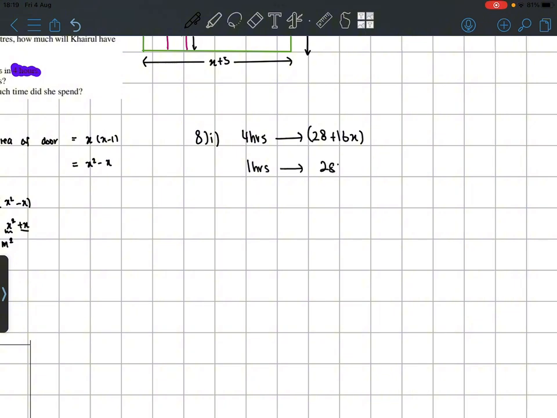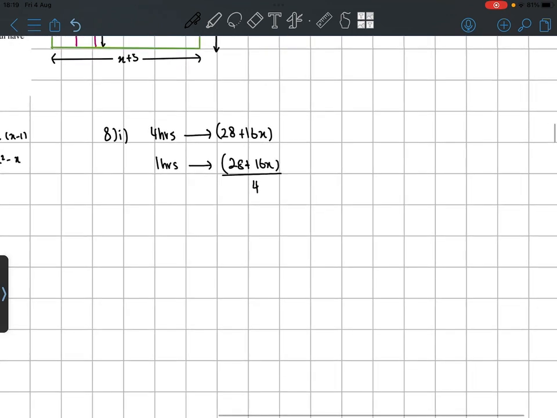You divide 28 plus 16x by 4, so you get the number of questions that should be finished in 1 hour. This is actually 7 plus 4x.